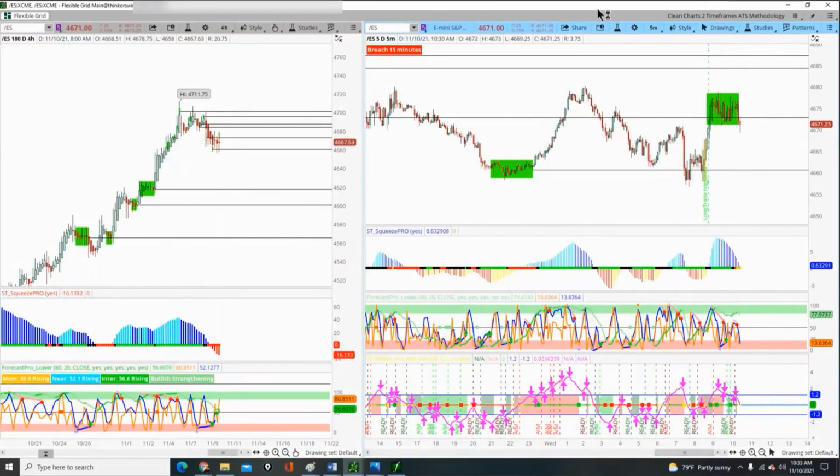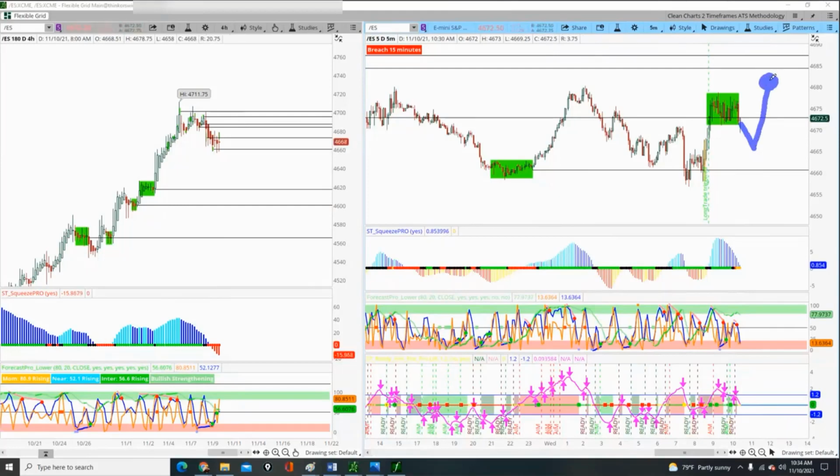Now, this might go back into here and we'll just keep drawing the box. But if it breaks down, knowing this logic, we're not going to trade it. Me personally, I would like to see it come back up through, right?